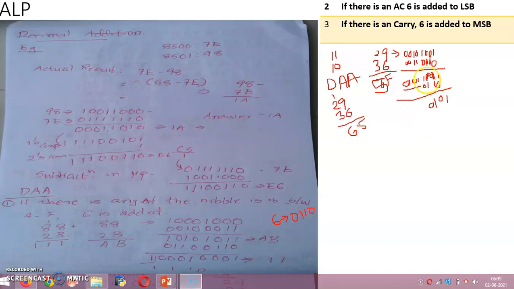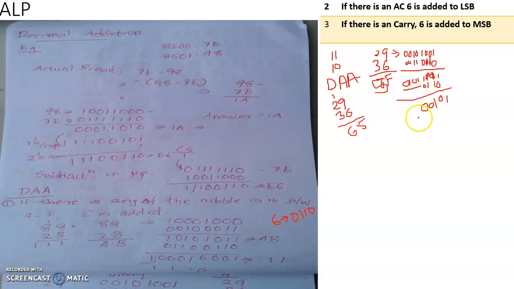Here we have to add 6 to the LSB nibble only. Then this LSB part becomes 1 plus 1, 0 with a carry 1; plus 1, 0 plus 1, 1 with a carry 1; plus 1, 0 with a carry 1; plus 1, 0 with a carry 1. 0 plus 1, 1 is already there, 0 here.